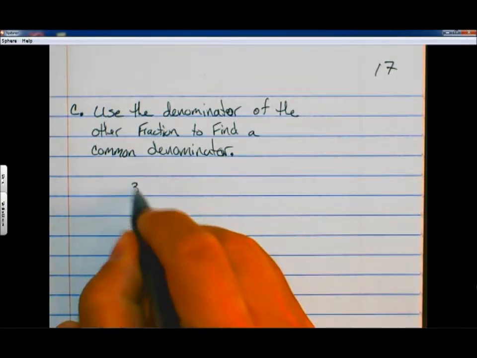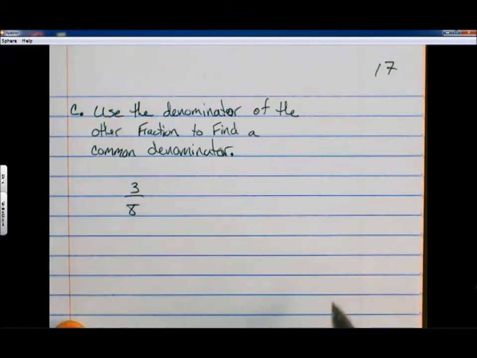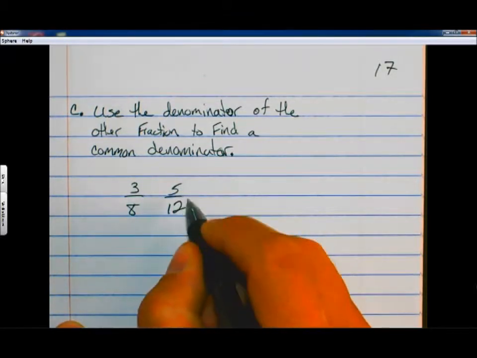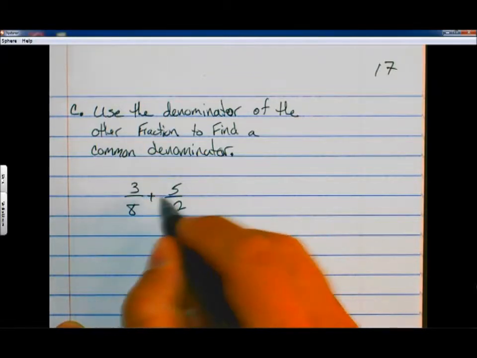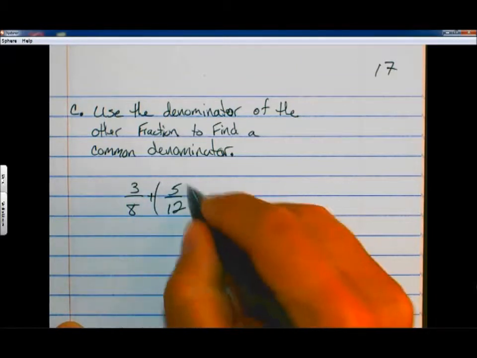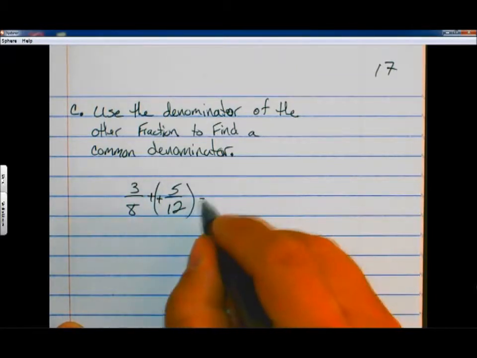So we're going to take the denominator of the second fraction and change 3/8, and then we're going to take the denominator of the first fraction and change 5/12. So we have our example. Remember, it was in parentheses. It's actually positive 5/12.